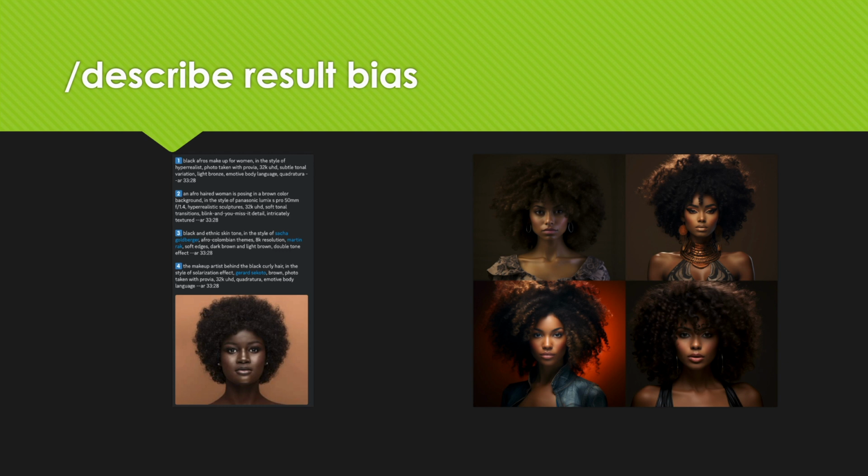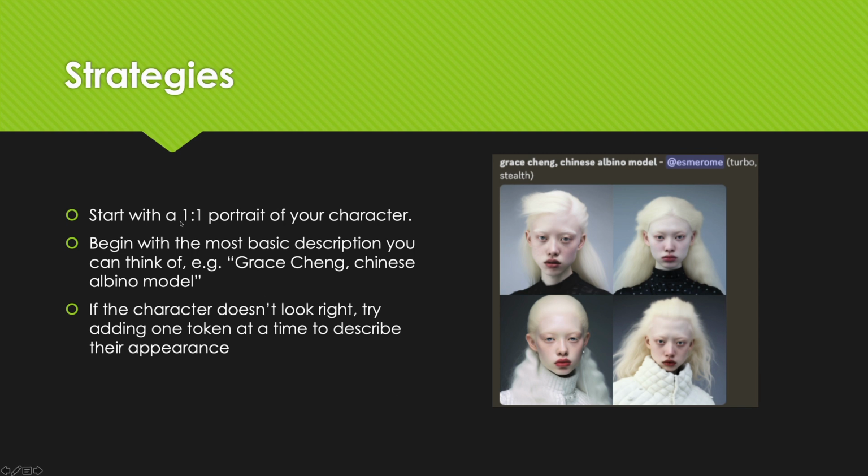And so I'm going to tell you some strategies to try to combat bias and get a better result that more accurately reflects what you want. So one strategy is to start with a one-by-one, a square portrait of your character, and begin with the most basic description you can think of. In this case, we have Grace Chang, a Chinese albino model.